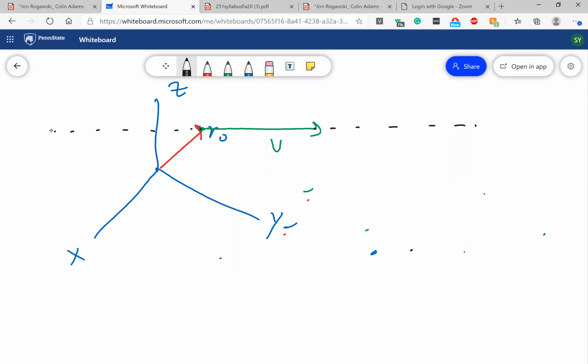Now, any point on this line can be written as the vector r naught. Instead of thinking of it as a point, you take the vector r naught, and then you add to it t of v. So tv is going to be some vector. It can be this vector or a smaller vector, right? T just stretches, expands v, and also makes v go in the negative direction if t is negative.